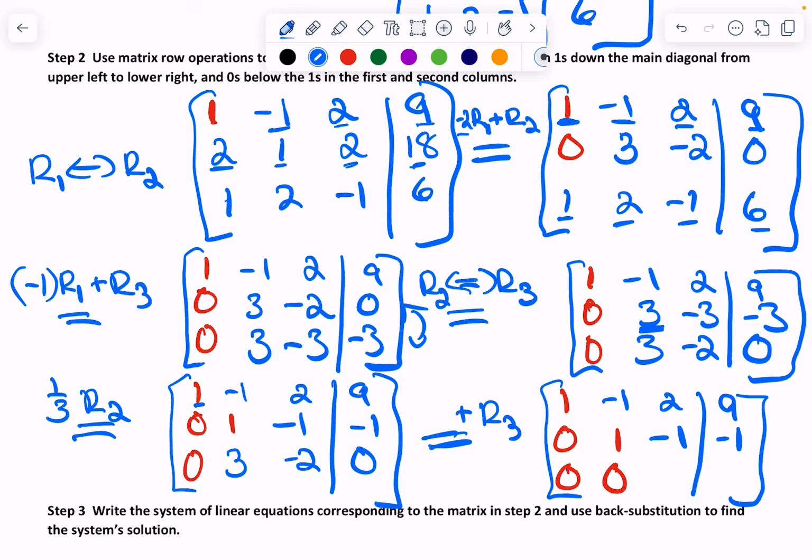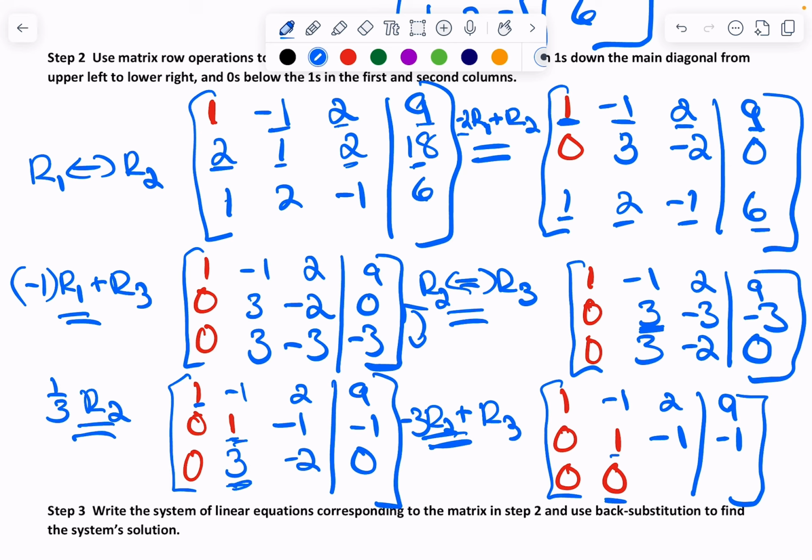We have a 1 in the second row, and we have a 3 in the third row. So we want to multiply row 2 by -3 because -3 times 1 plus 3 is going to end up being a 0.